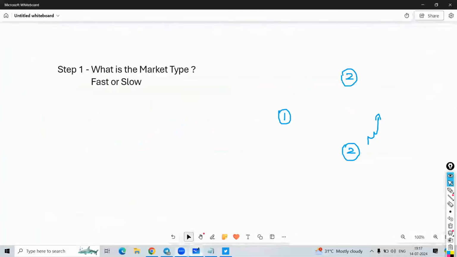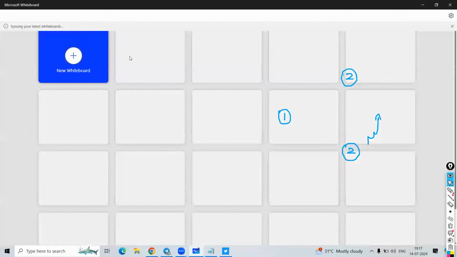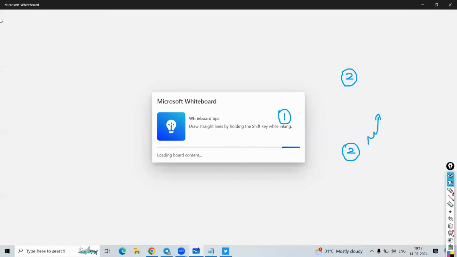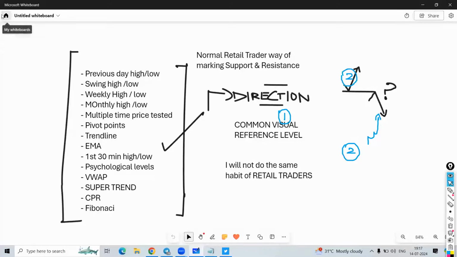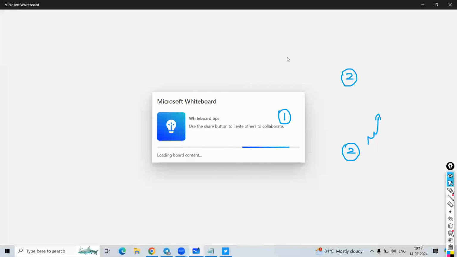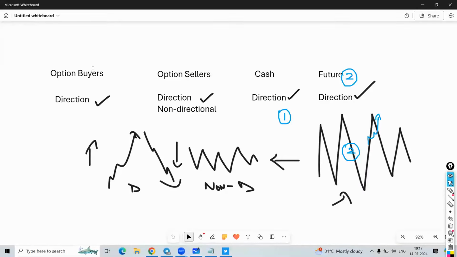I have told one thing in the session. You can be any trader. You can be an option buyer, you can be an option seller, you can be a gas trader, you can be a positional trader. In the start of the session, what I told, all the traders require one thing to make money: direction.